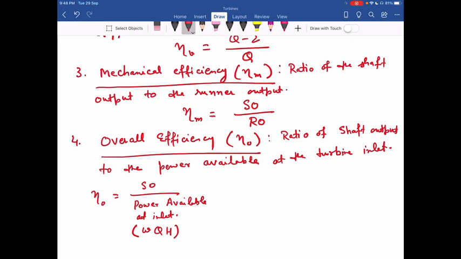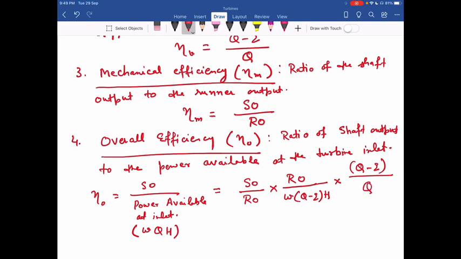This power available at inlet I can write as WQH. This is overall efficiency. Now I can also write the overall efficiency as shaft output divided by runner output, into runner output divided by W (Q minus q) H, into (Q minus q) divided by Q. Ultimately I have shaft output divided by WQH, since runner output cancels with runner output and Q minus q cancels.